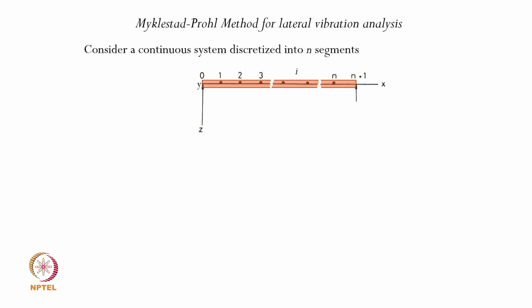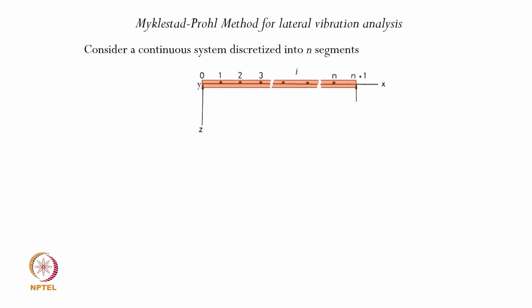So, that was a precursor to understanding how the same can be extended for the lateral vibration problem. So, we will now look at how the same discretization is implemented in solving a lateral vibration problem.